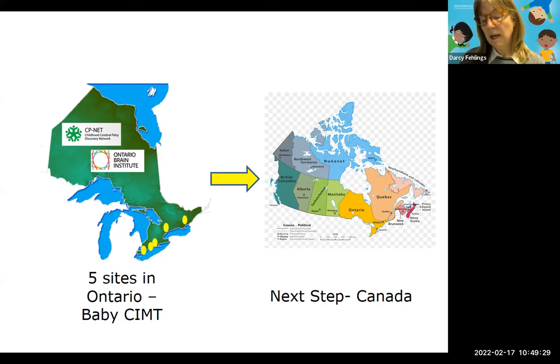And we have a grant application in, and a lot of interest in rolling out both the Hammersmith through neonatal follow-up programs across Canada, and then in partnership with the rehab centers, starting baby constraint programs across Canada.